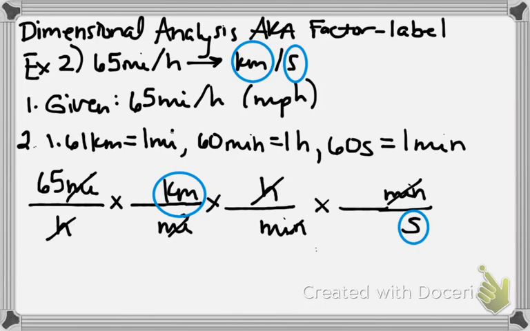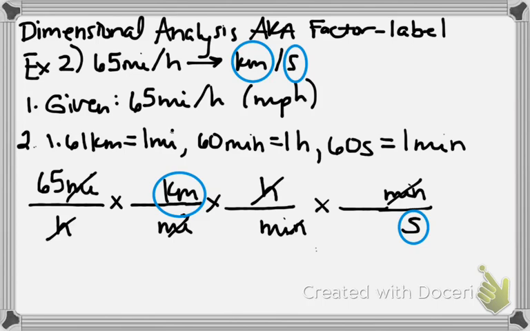Does anybody have any questions about how I made the units, how I knew what to put on the top and bottom? We're going to do a couple more together before we practice on your own. But now that I've done that, so I still didn't put any numbers in yet, the reason this step is so important is because it tells me where to put the numbers now.